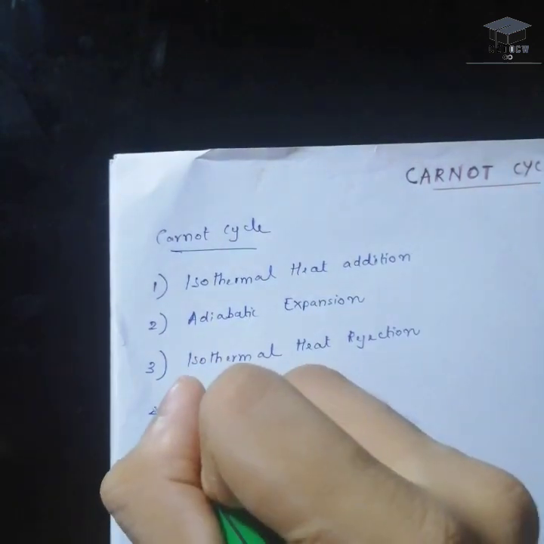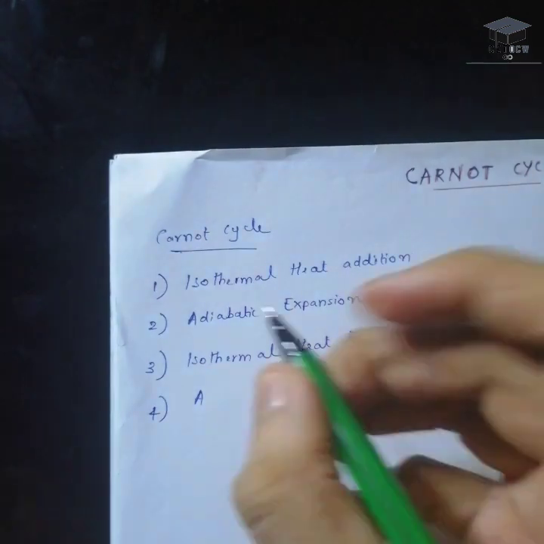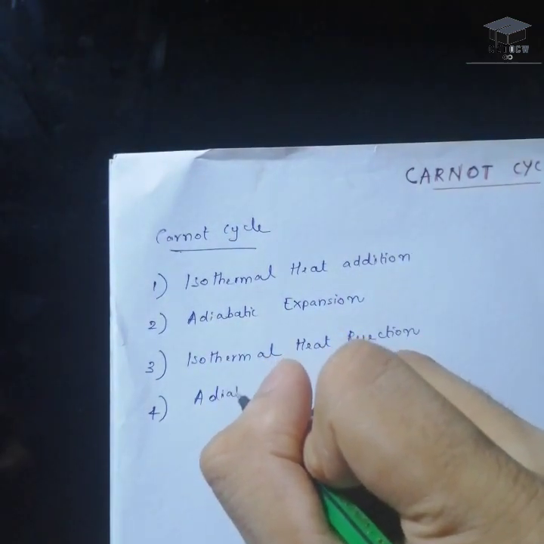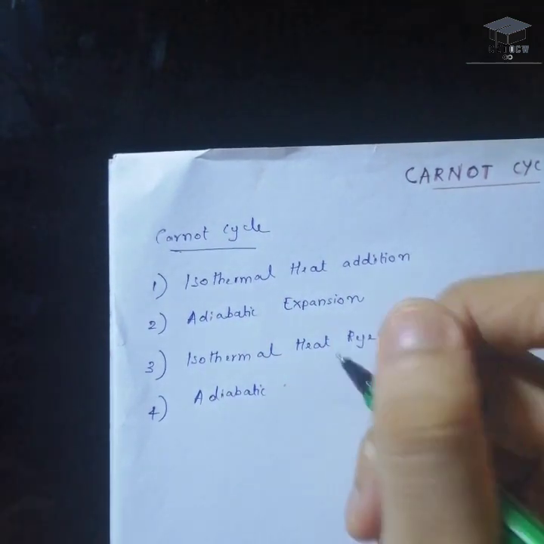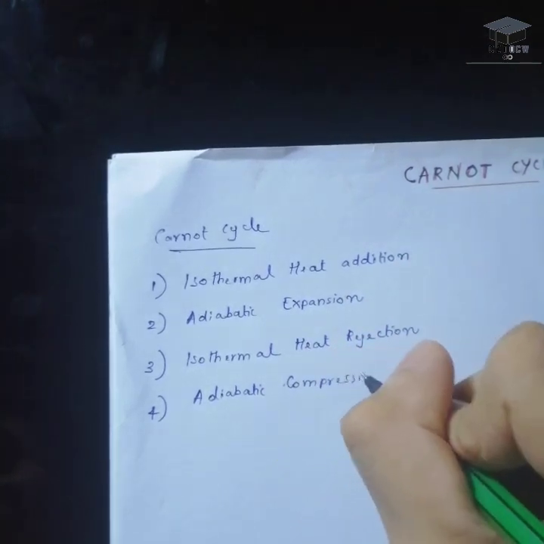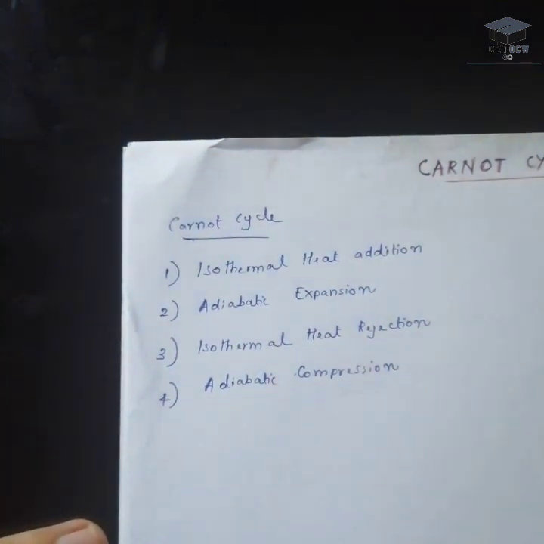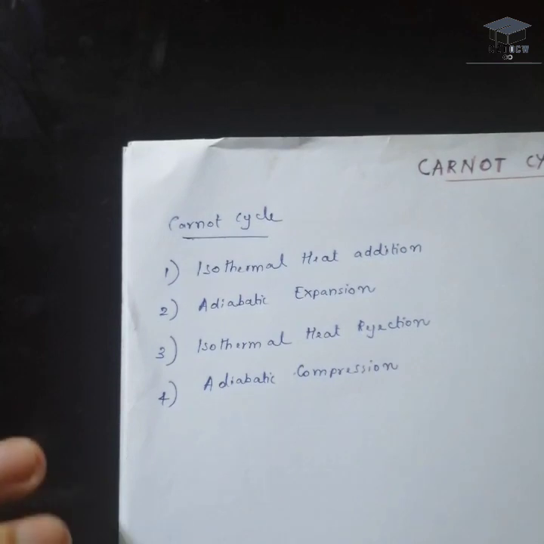Then the fourth process, adiabatic compression. These are the basic processes, the basic stages of the Carnot cycle.